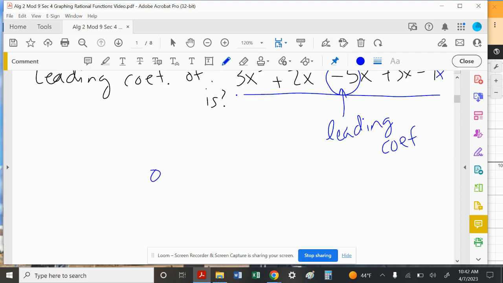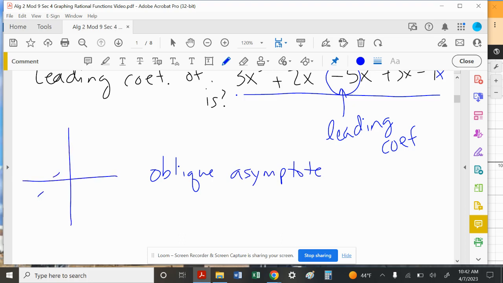Now this is one that I left off, which is our oblique asymptote. So our oblique asymptote, again, is that line that would look something similar to this. This is an equation of a line, right? So of course, for the horizontal, we have y equals something.